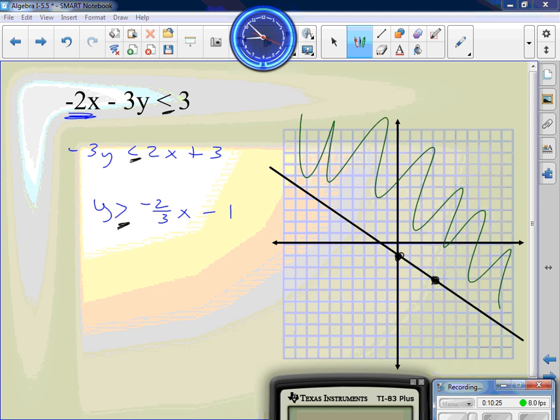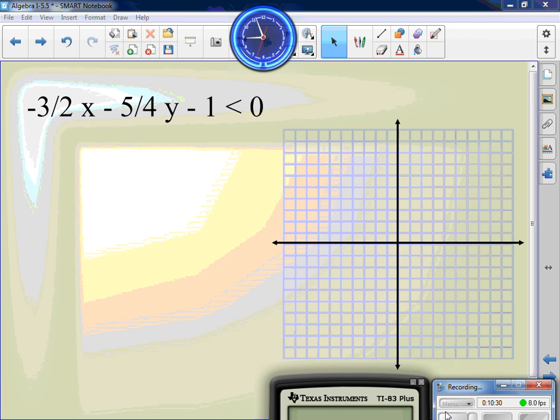Some people remember how to go through a fraction problem. Some people are a little fuzzy. It doesn't matter if I have whole numbers or decimals or fractions. What does it have to end up looking like? Y equals mx plus b. So I need to move this 1 to the other side, and I need to move the negative 3/2 x to the other side.